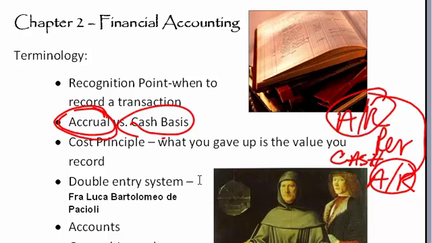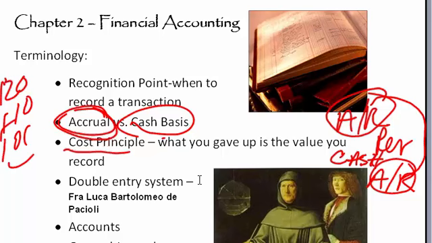The cost principle then turns around and says, well, what do you record it as? So if I go out and buy a piece of land, the asking price was $120,000. It has an appraisal value or fair market value of $110,000.